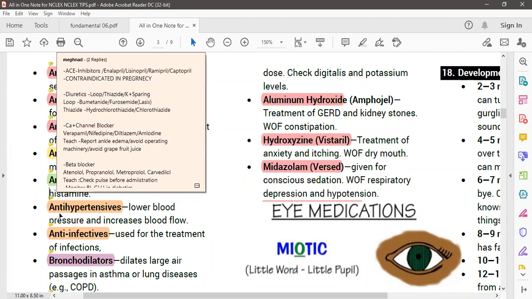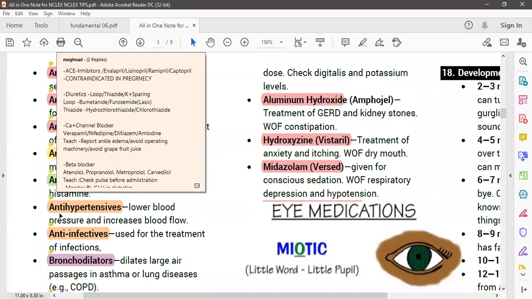Loop diuretics or thiazide diuretics both can reduce the blood pressure, reduce the potassium level, or reduce the sodium level, but they increase blood sugar level, they increase the BUN, blood urea nitrogen.